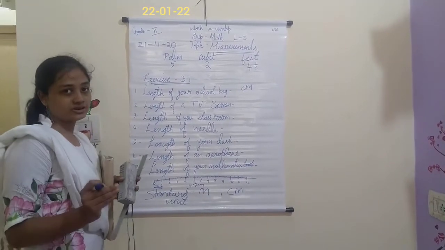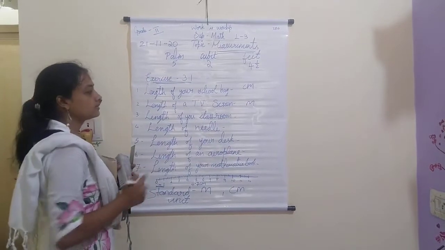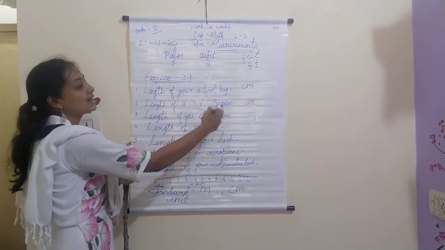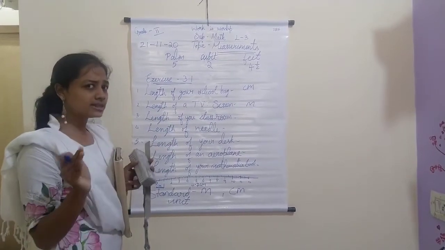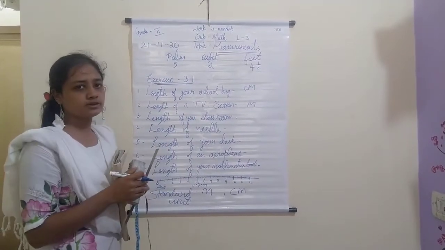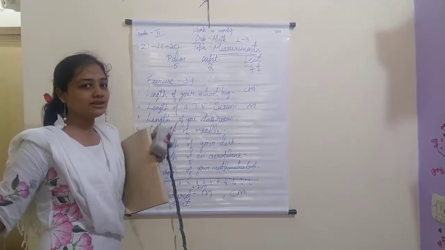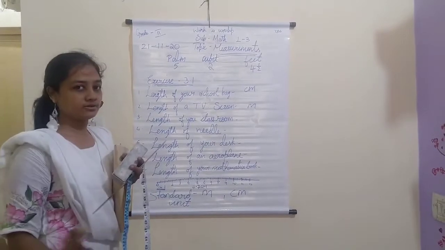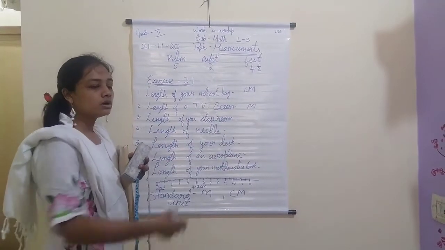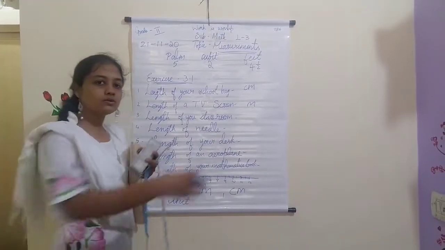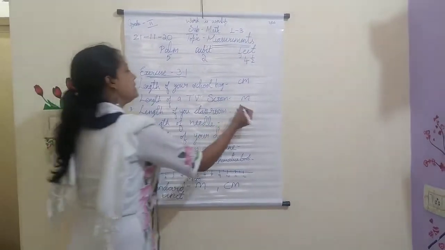So we will measure it using the meters unit. Children, if your TV screen is little small, you can use centimeters only. For a very big screen like LED, very big TVs, we use meters. Now the third one, the length of your classroom. The length of the classroom, will you use centimeters or meters? You will use meters to measure it.